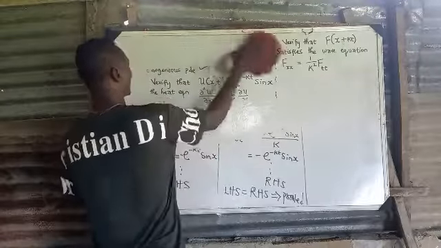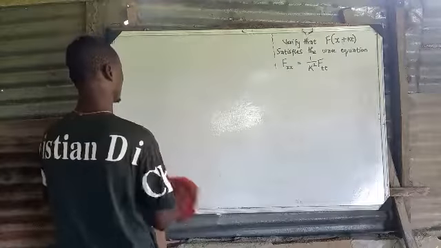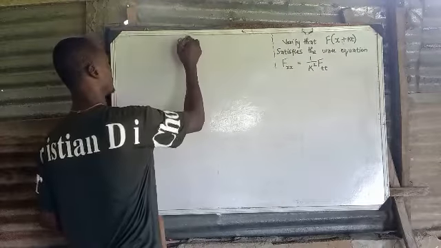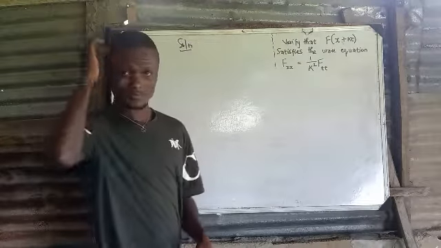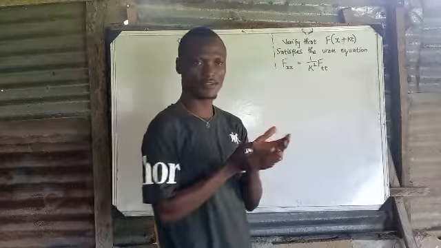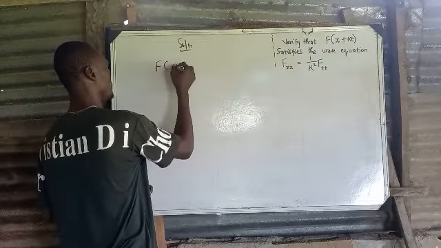Okay, I'm taking the whole of this. Now, solution. Now, this is looking different because we have f of x plus kt.